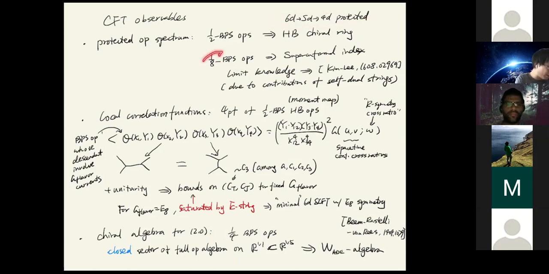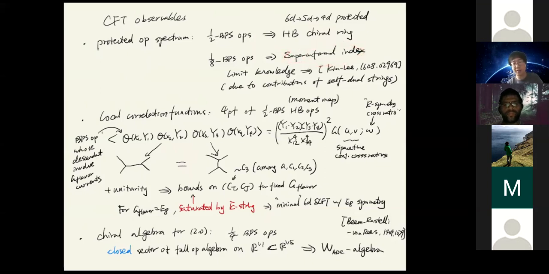And once again, there are also more non-supersymmetric operators which you can extract from the effective theory potentially. These are 1/8 BPS operators, which are again captured by the superconformal index. So these are operators preserved by a supercharge and its complex conjugate. But unfortunately, unlike the 5D case, we only have limited knowledge of this superconformal index.